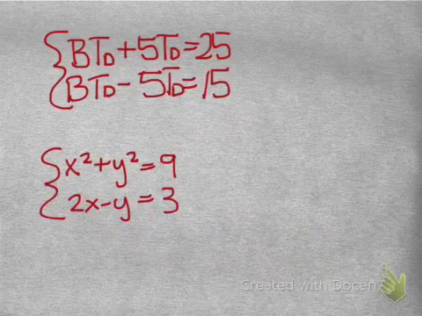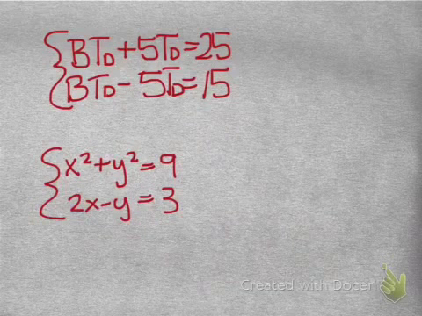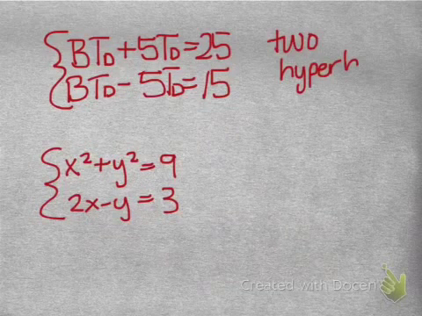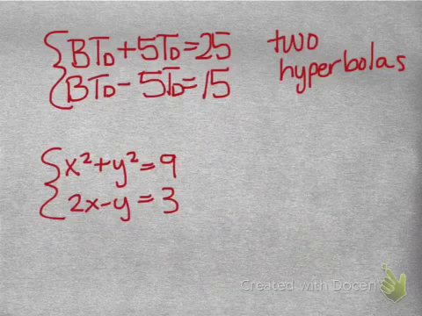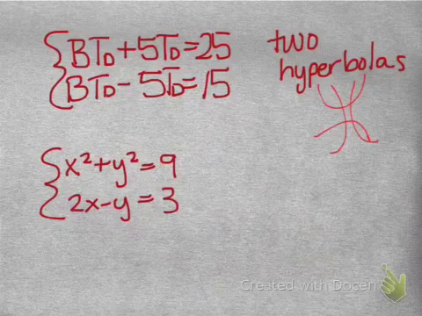Okay, so if you're given the following systems, we have had ways to solve these before. The top one is two hyperbolas. If you have two hyperbolas, it's possible to find four intersections, or four solutions.